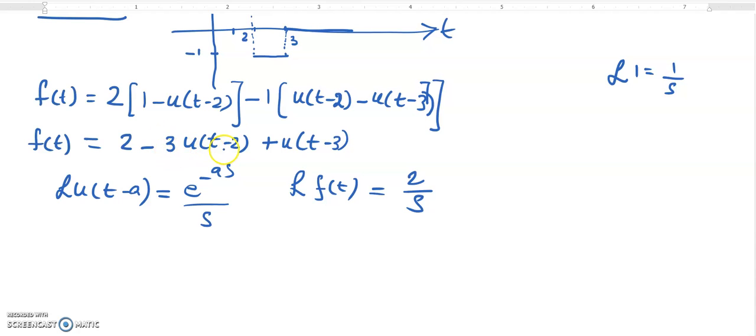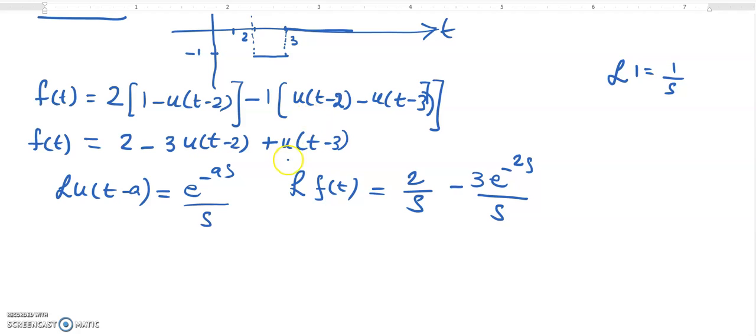There is no unit step function involved over here. So 3 times u of t minus 2, 3 is a constant, so constant will be multiplied with the Laplace, and then for this we can simply use this formula. So e power minus as, a is 2. So it will be minus 3 e power minus 2s over s.